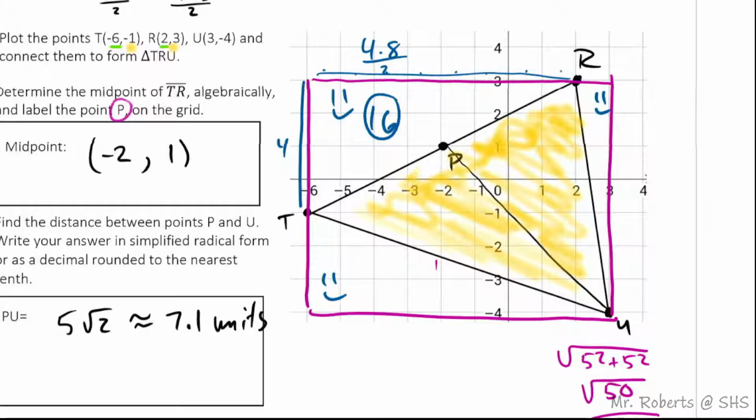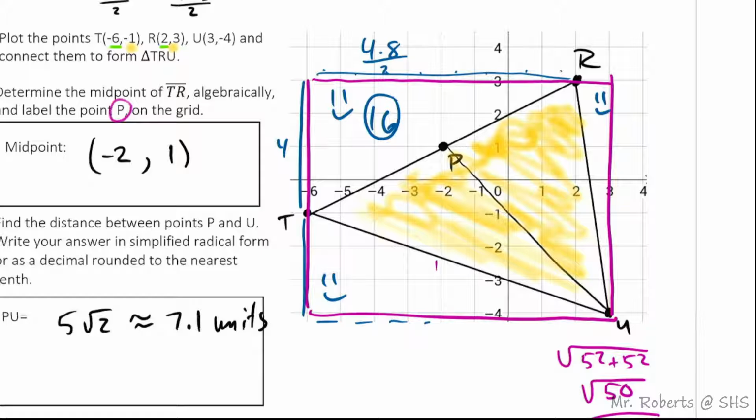Something else I need to take away is this triangle that's 3 by, what is this? 1, 2, 3, 4, 5, 6, 7, 8, 9. 3 by 9. So 3 times 9 divided by 2 is 27 halves, which is 13.5.